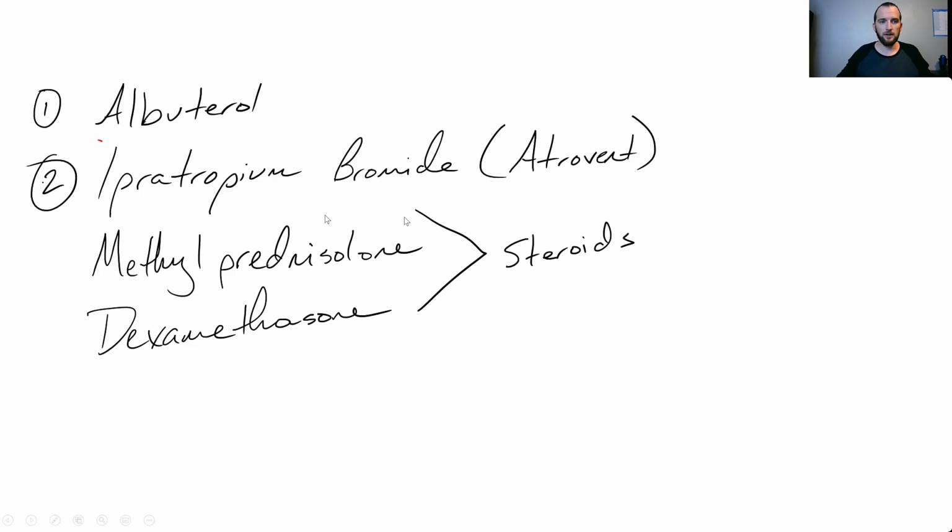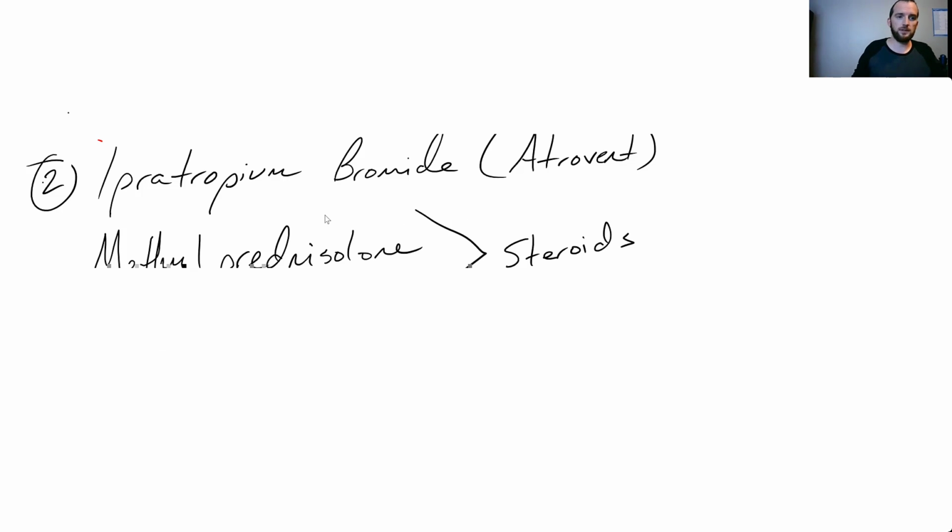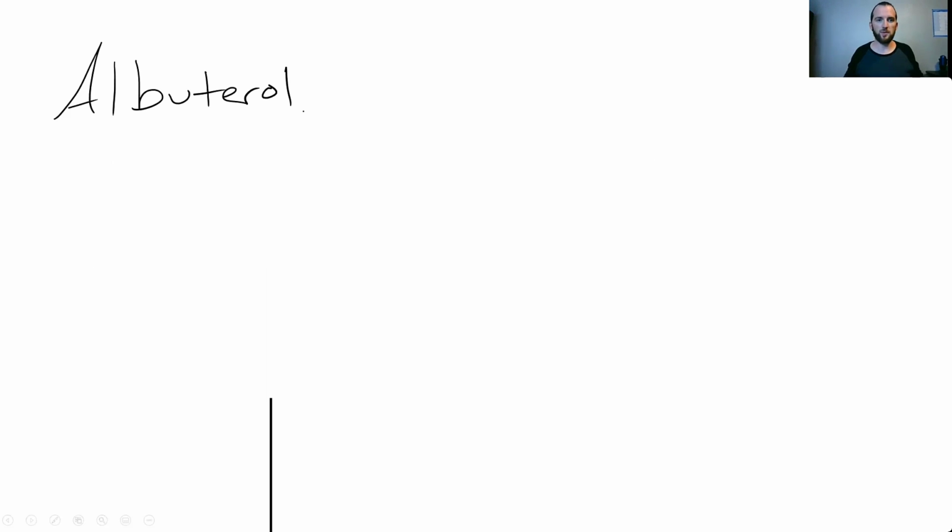So the first drug we're going to cover, albuterol. Look at a clean slate. Albuterol, or as a lot of people say, Albuterol, really works well. It's a very good drug in terms of patients responding to it. It's the typical one that patients have in their metered-dose inhalers.